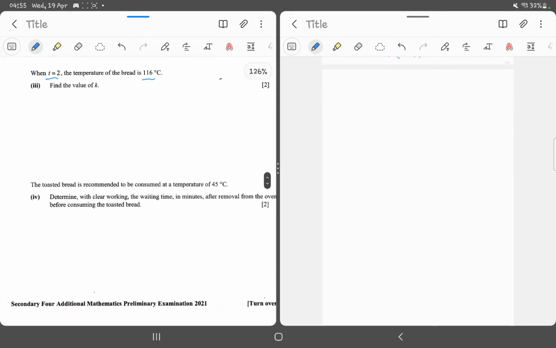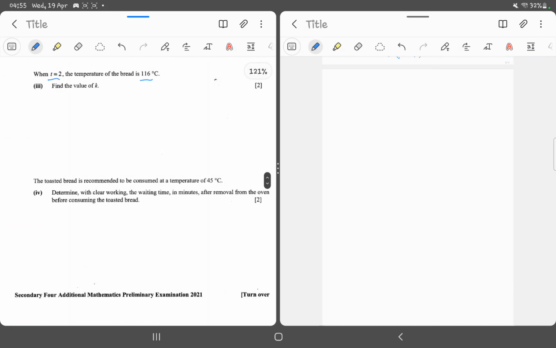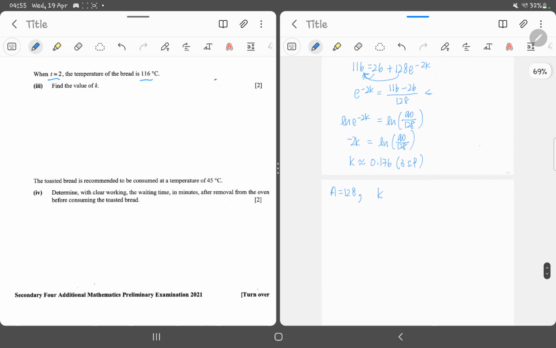The toasted bread is recommended to be consumed at a temperature of 45 degrees Celsius. So determine with clear working the waiting time in minutes after removal from the oven before consuming the toasted bread. So we know that our A is 128, and we know that our K, okay, my apologies.